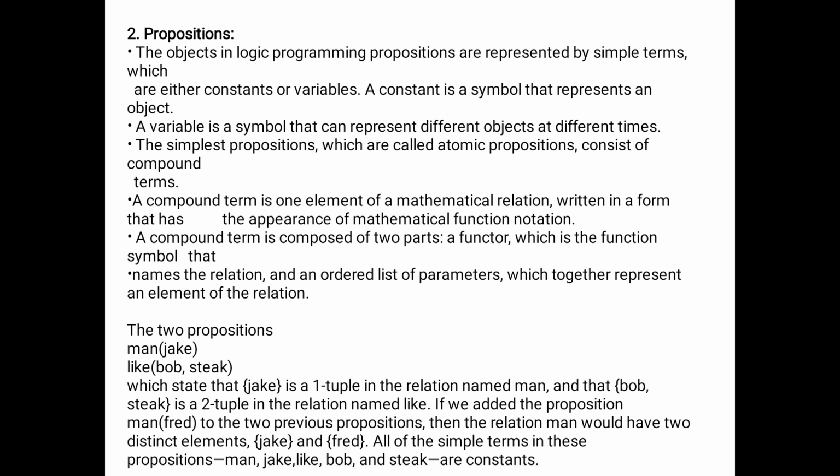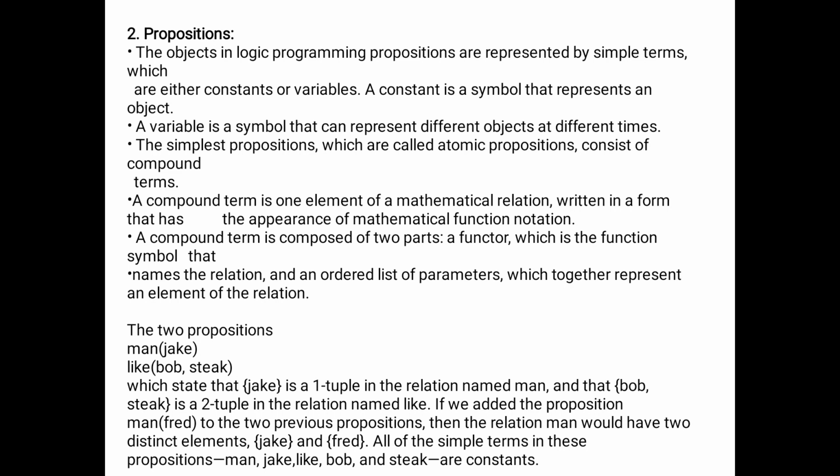A compound term is one element of a mathematical relation, written in a form that has the appearance of mathematical function notation. A compound term is composed of two parts: a functor, which is the function symbol that names the relation, and an ordered list of parameters, which together represent an element of the relation.